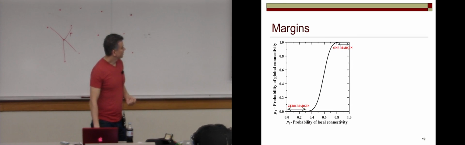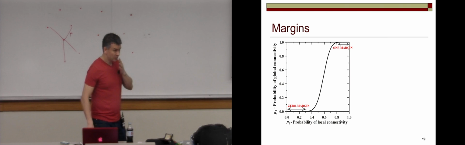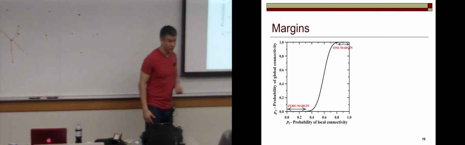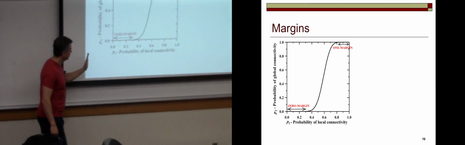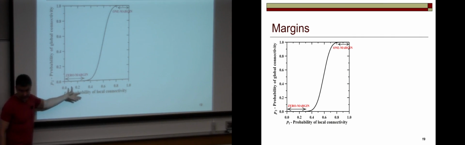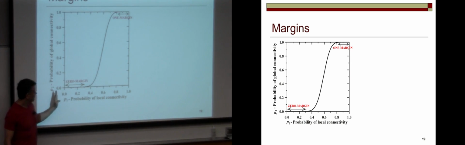To make the discussion concrete, let me introduce some terminology which we'll call the 0 margin and the 1 margin. The 0 margin, and this is a purely subjective measure, we'll define to be the region along the x-axis for which we reliably get a 0, so no connection, as a function of the probability of getting a 0 to 1 defect.